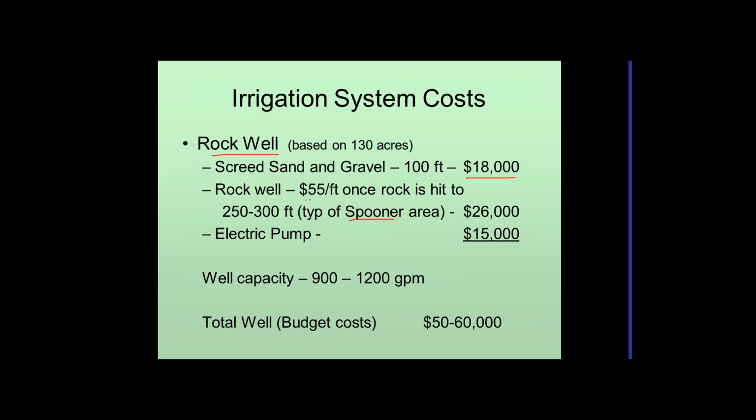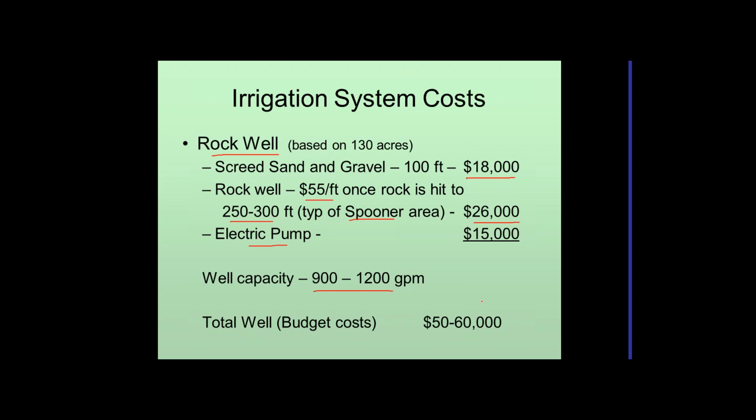Once they hit rock, it's $55 a foot, and we might have a well depth in that area of 250 to 300 feet deep. So that would cost another $26,000 to get through the rock, and then we have to have a pump. If we put in an electric pump, that's $15,000, with a well capacity of somewhere around 1,200 gallons a minute.